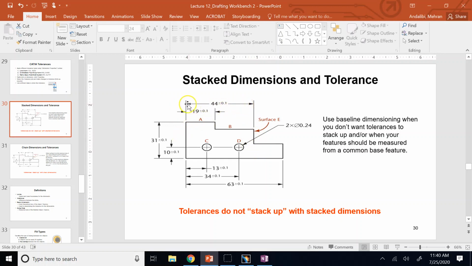No. Even if he makes this one 44.1, actually he made this second part exactly accurate, right, at 25. And if he makes this one 63.1, then again, he got this third part completely right at the nominal value. So you see that the tolerances here of each one are not going to affect the next one or the overall size. So we say they do not stack up or accumulate.